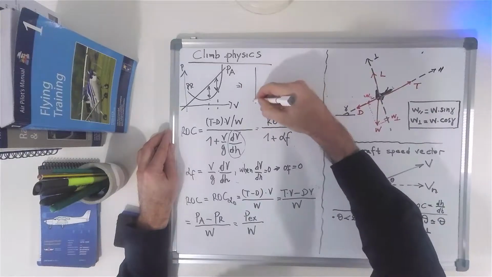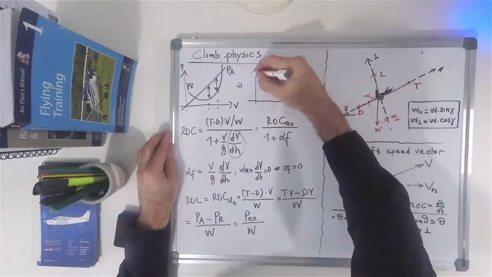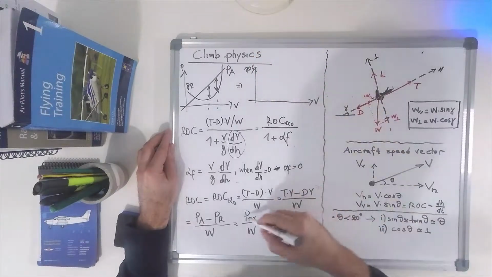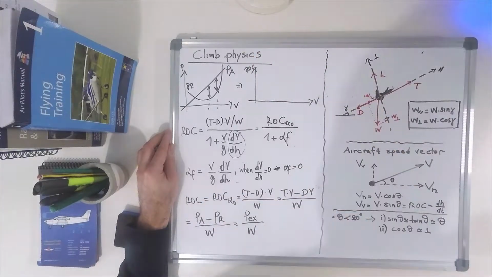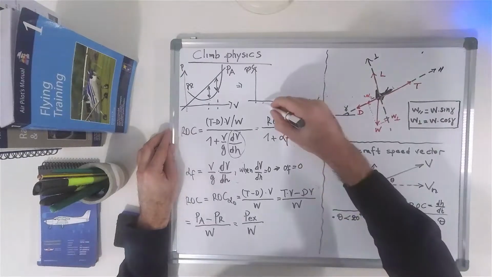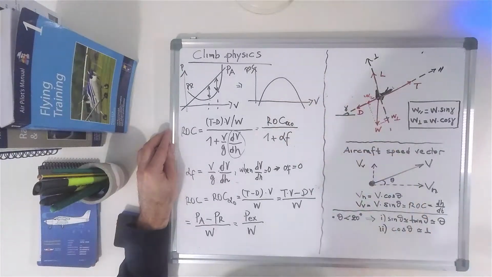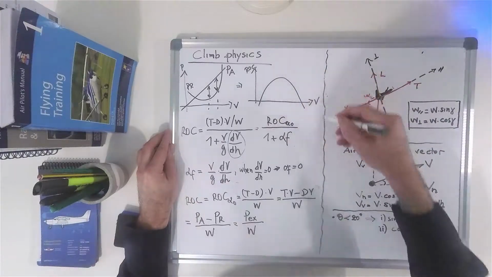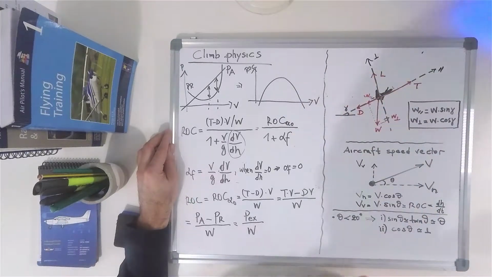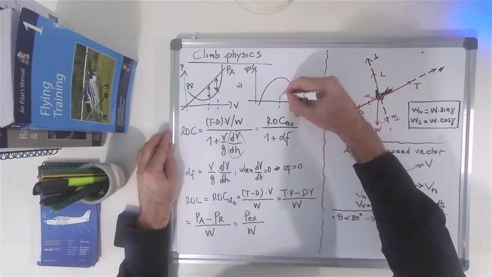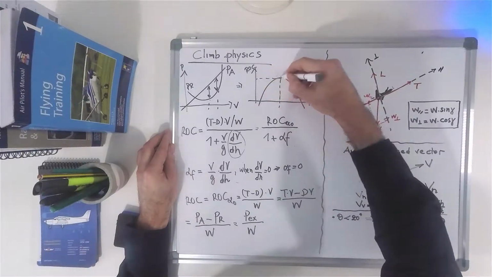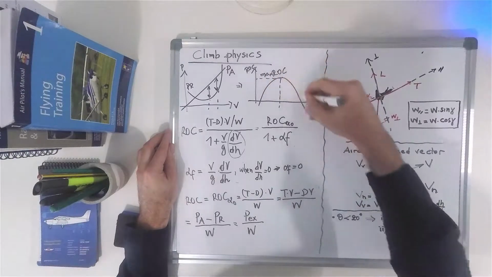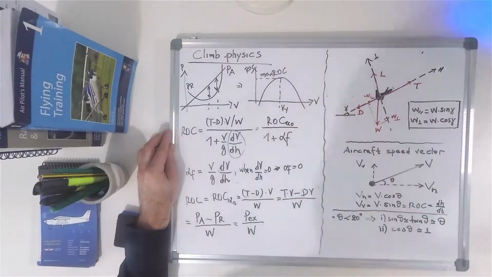So if we sketch that difference, of course it will be the rate of climb, and the curve will have the same form. So we can see in that case that as the aircraft speed increases, we have an airspeed for which we have maximum rate of climb, and we call that airspeed Vy.